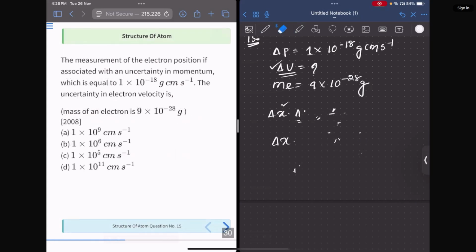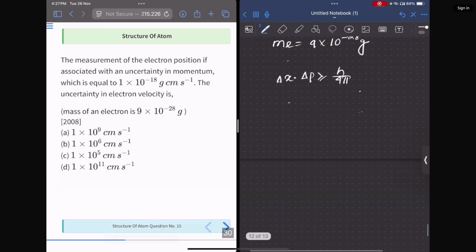Okay, so let's put the formula here. Del x del p greater than h by 4 pi. Del v will be del p by m.